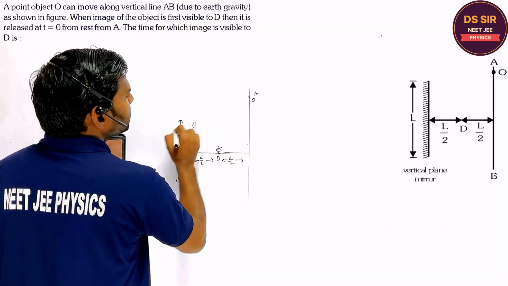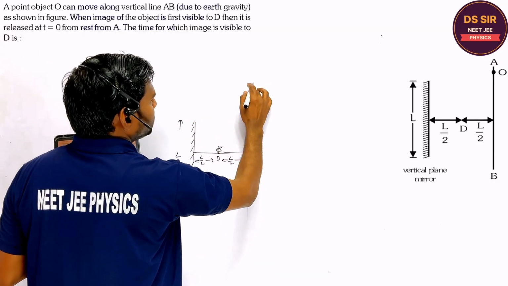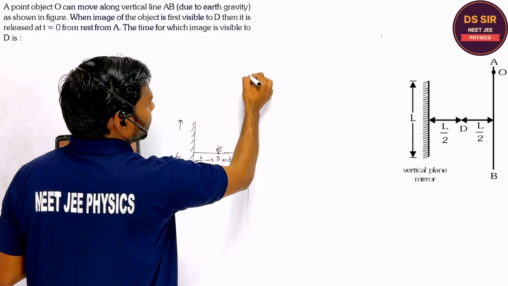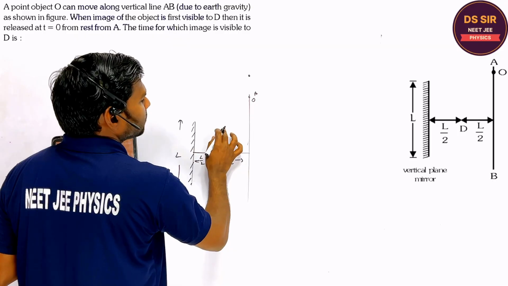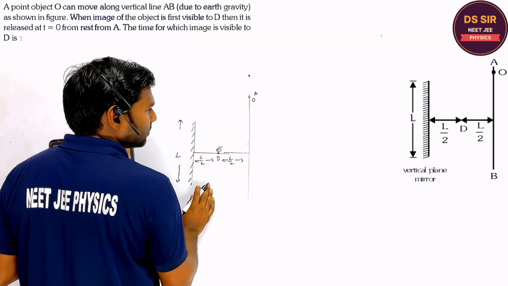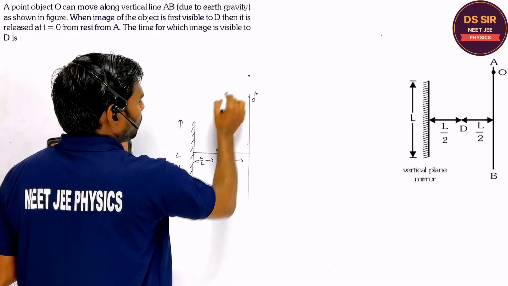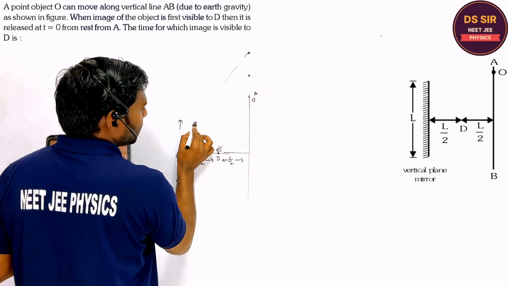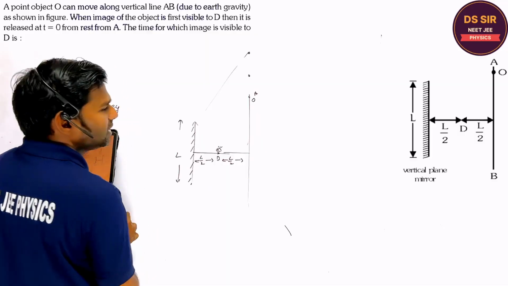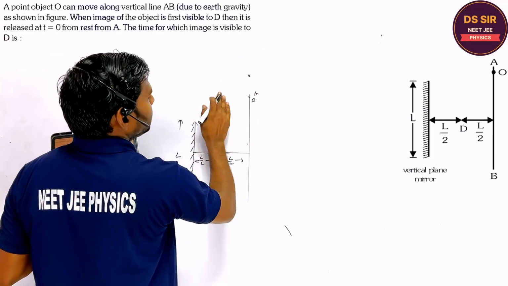If the object is moving in this way, when will it be seen, you tell me. This is your eye. Now, if the object is at this point over here, the light is like this, so will it be seen? No, it cannot be seen.